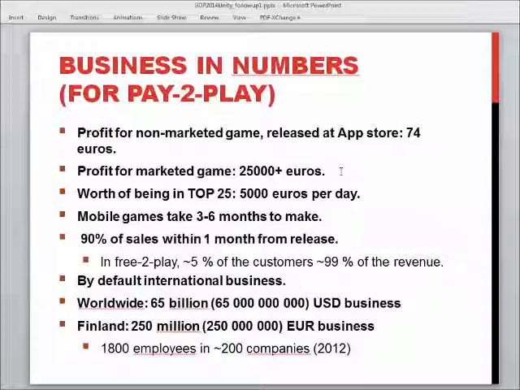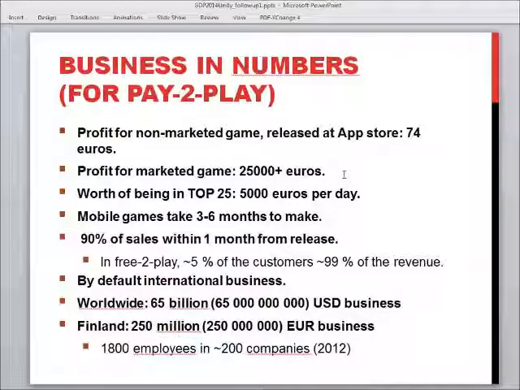And overall, the worldwide market for games, at least in 2012, was something like 65 billion US dollars. The Finnish companies were quite small at that time, actually. These are 2012 numbers.